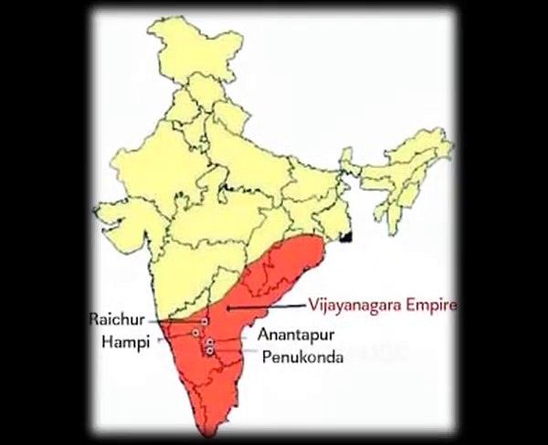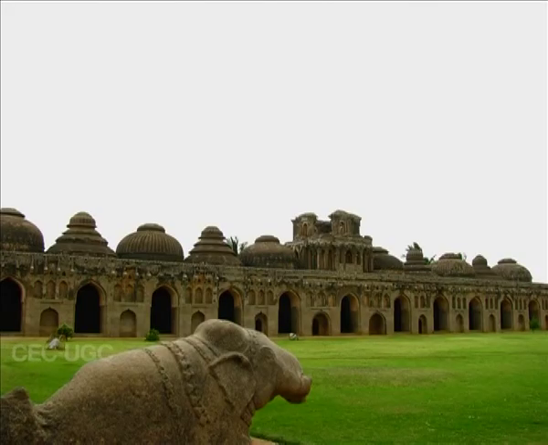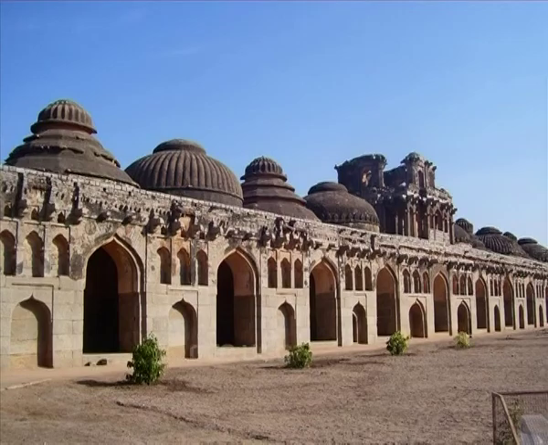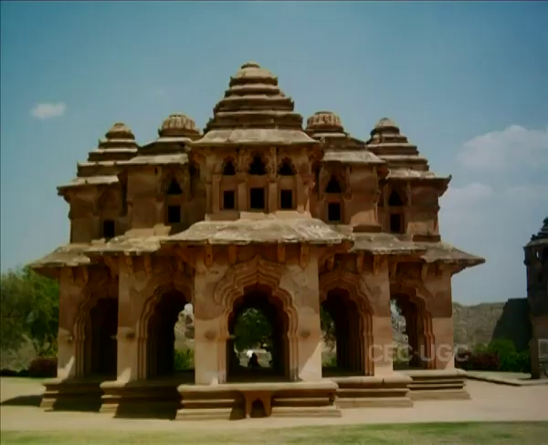There also you find a fine blending between the Indian Hindu elements and the Islamic elements. One of the best examples can be the elephant stable in Hampi, which is the capital of Vijayanagar. Then in the Lotus Mahal also you find a fine blending of the Indian and the Islamic elements.